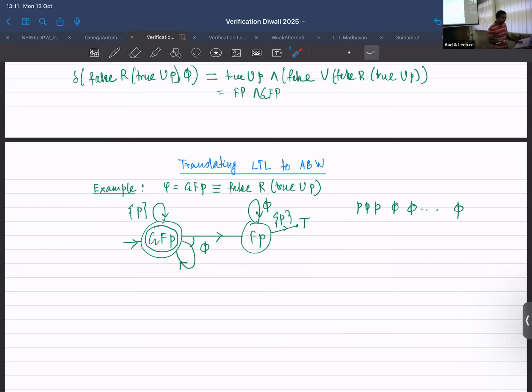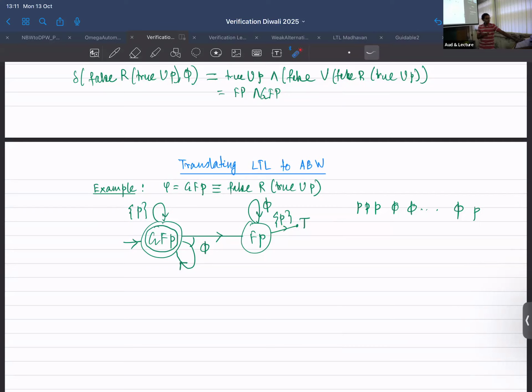So now again, after a while, suppose you see a p, right? So what happens then? After you see the empty set, you are here, and it's a tree that you are making. When you see the p, then again you will be going to this particular state.